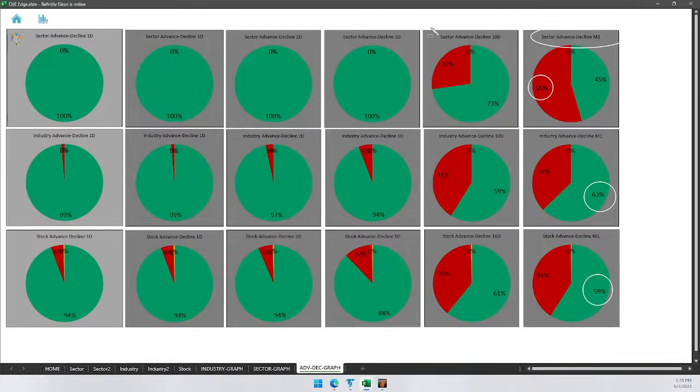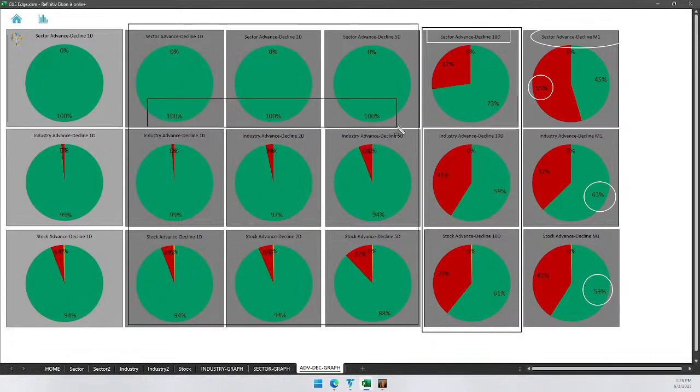And for the other longer term view, 10-day view, that is already bullish across the board, and certainly weekly view, 2-day view, 1-day view, bullish.